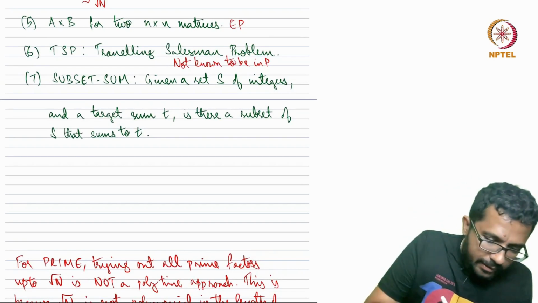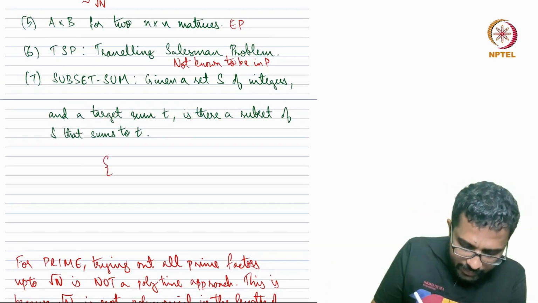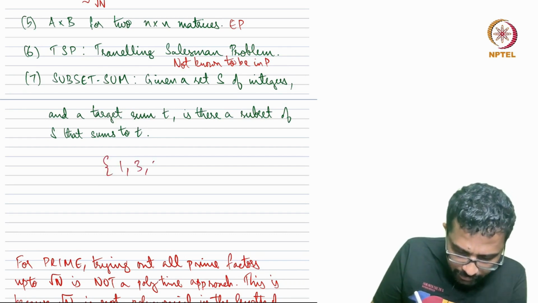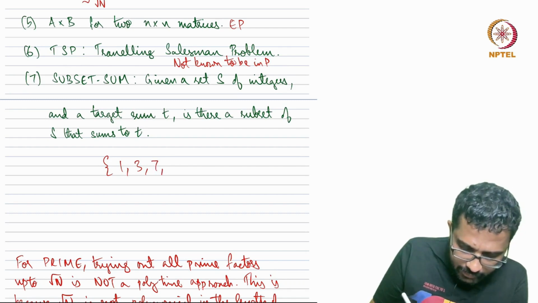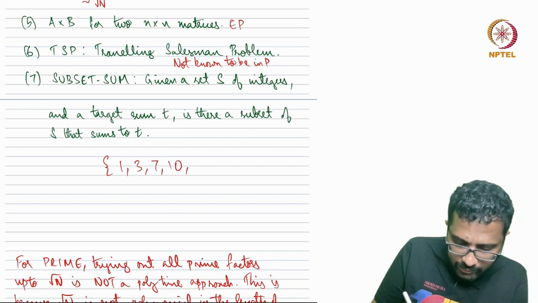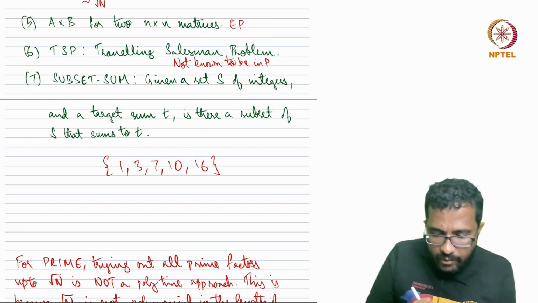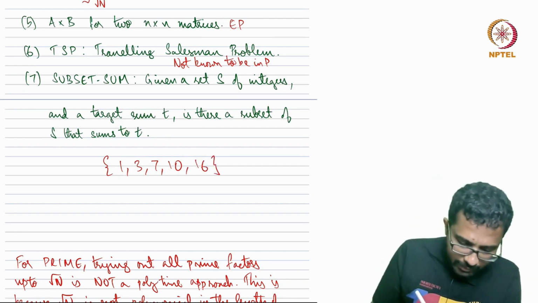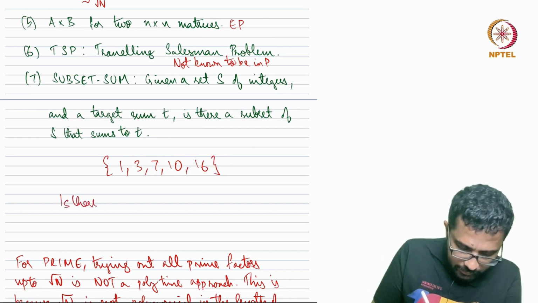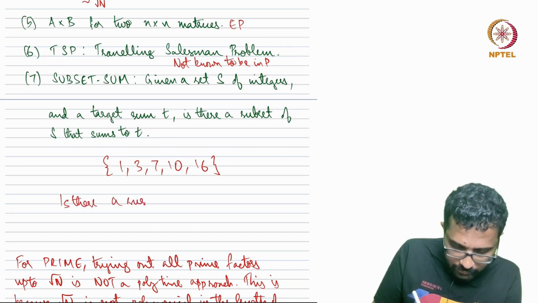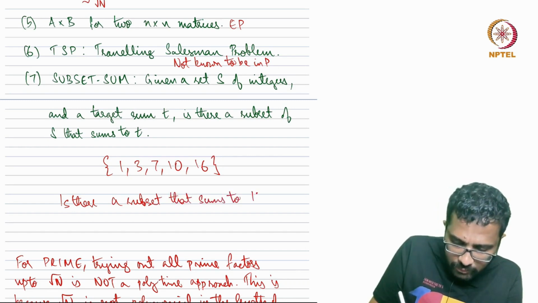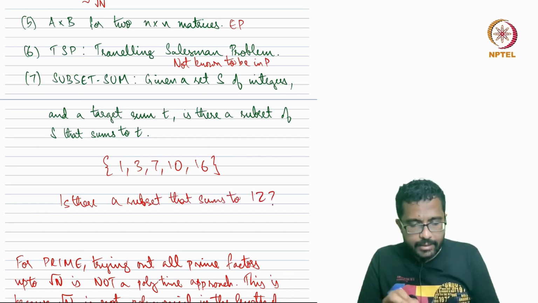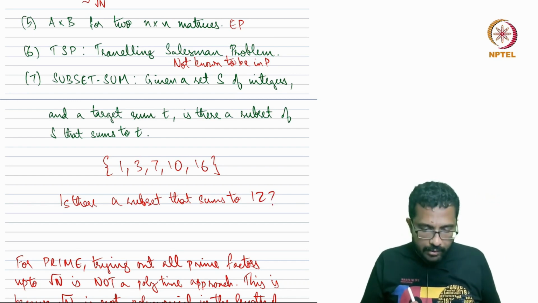So given a set, let's say 1, 3, 7, 10, 16, now I am asking, is there a subset that sums to 12?